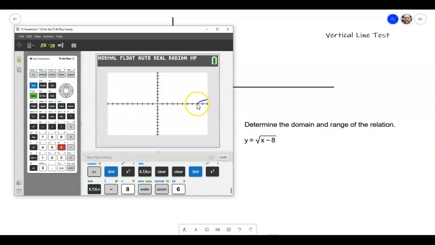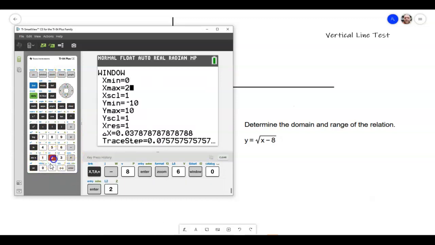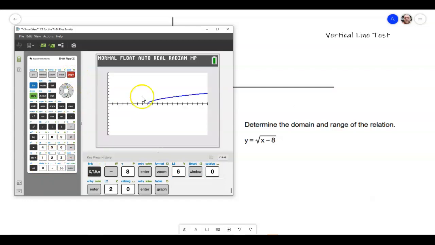It looks like we're going to have to move this over to the right a little bit. So I can change my window here. We're going to start at 0 and go to 20 for my x values. Let's see how that fixes it. And that looks a little bit better here, right? So we can see that this function starts here at 8, 0, and it goes up and to the right.